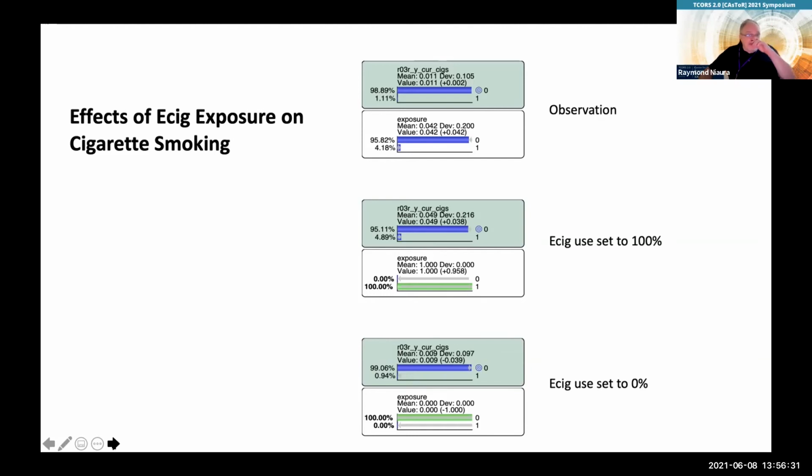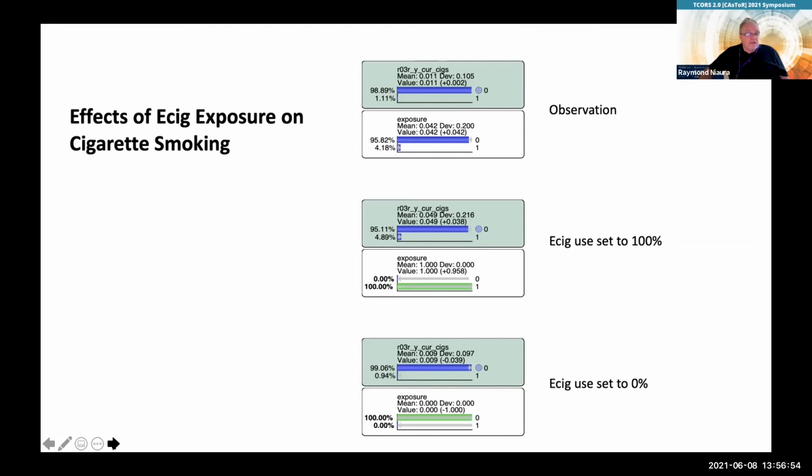If you look at the middle panel, we can actually set the evidence so that 100% of the youth used e-cigarettes. And there we see the increase in smoking go from 1.1% to 4.89%.